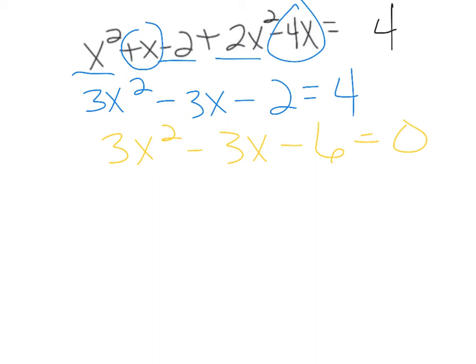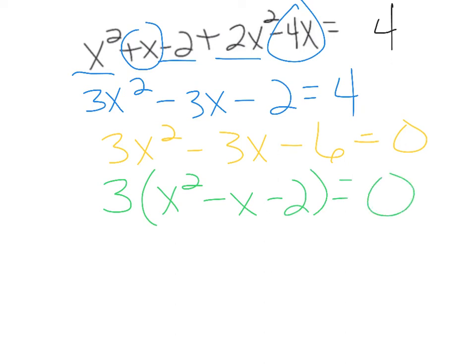Now I can factor my trinomial using the diamond method and solve with the zero product property. But before I factor with the diamond method, I notice that all three terms have a common factor of 3. So I'm going to pull out that 3, and I would have 3 times the quantity of x squared minus x minus 2 equals 0.